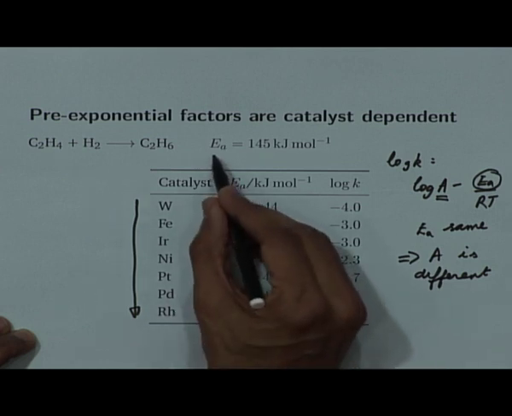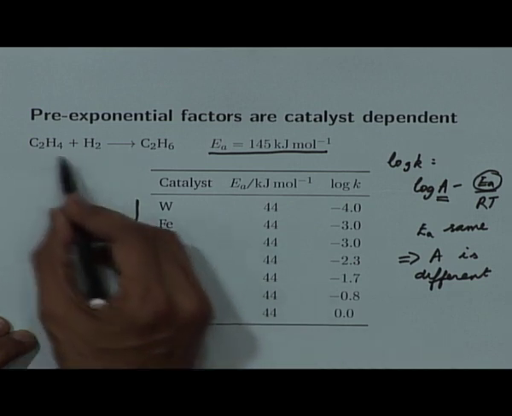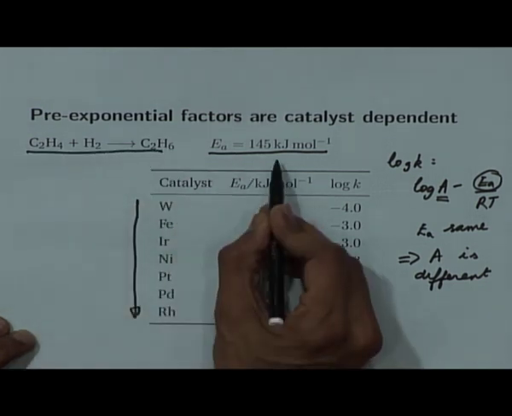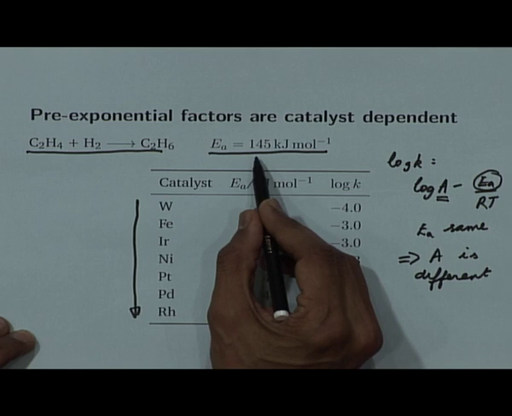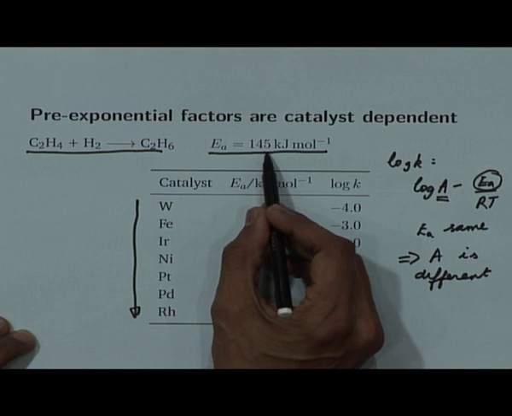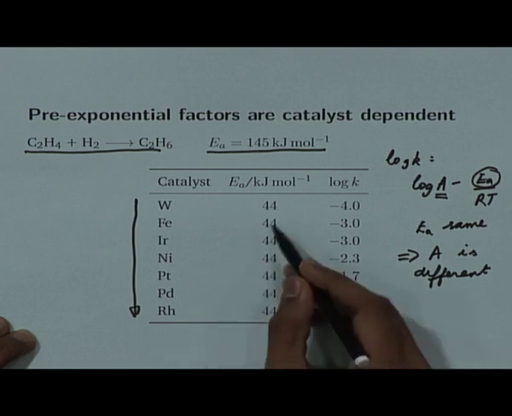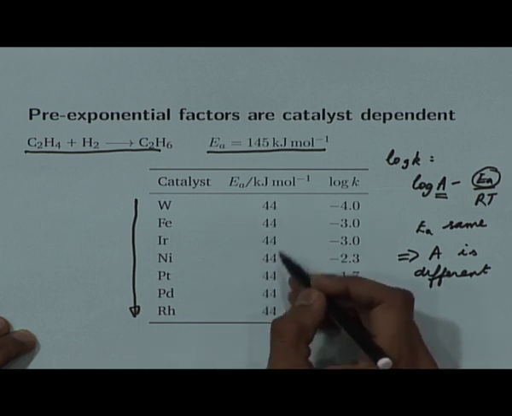And here you have the activation energy for this reaction in the absence of a catalyst. In the absence of a catalyst, this activation energy is 145 kilojoules per mole, whereas in the presence of any of these catalysts, it is almost a factor of 100 kilojoules per mole less.